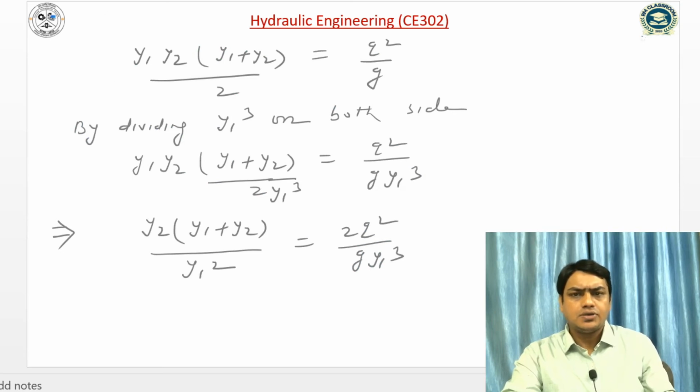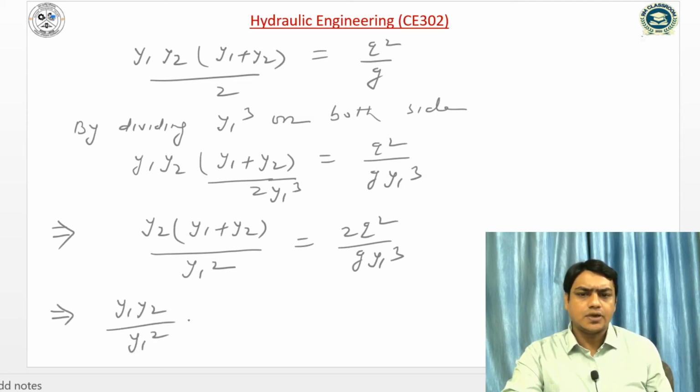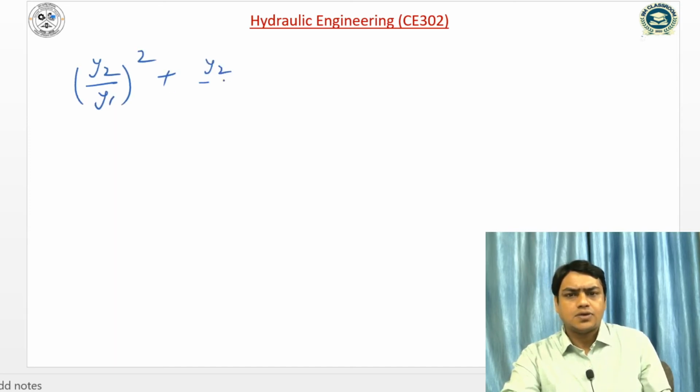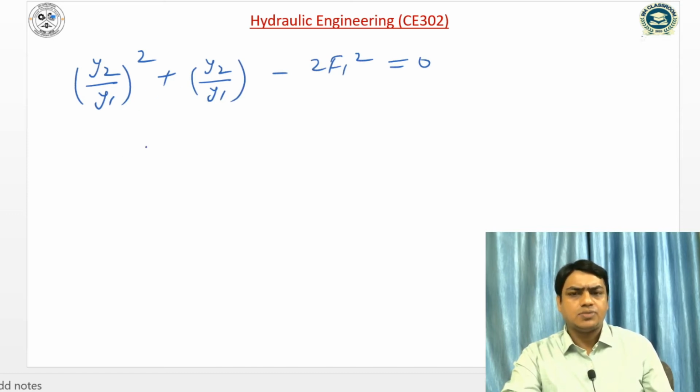So here we can write y1 y2 divided by y1 square plus y2 square divided by y1 square is equal to twice F1 square, or we can write (y2 by y1) whole square plus y2 by y1 minus twice F1 square is equal to 0. So this is a quadratic equation in y2 by y1.